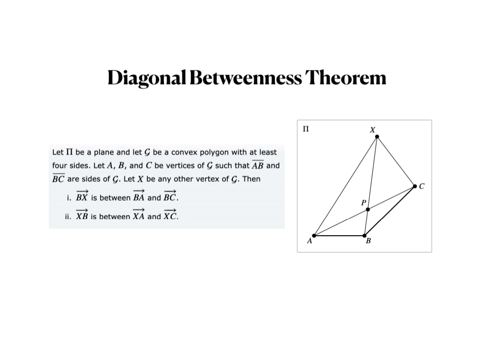Our next EMF theorem is called the diagonal betweenness theorem, and it says this: let pi be a plane and let G be a convex polygon with at least 4 sides.